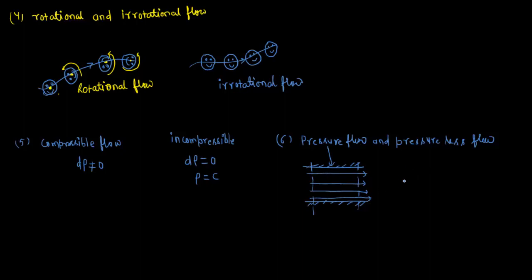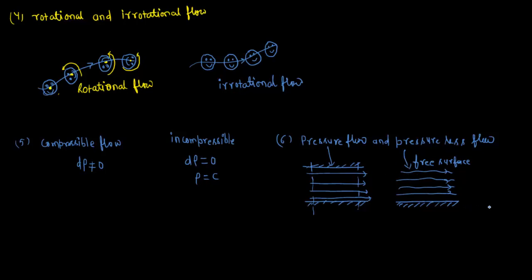But let's suppose some river is flowing. This is the solid surface over which the river is flowing. In that case the river is maintaining a free surface. Here is the free surface. So when there is a free surface, that is defined as pressureless flow.